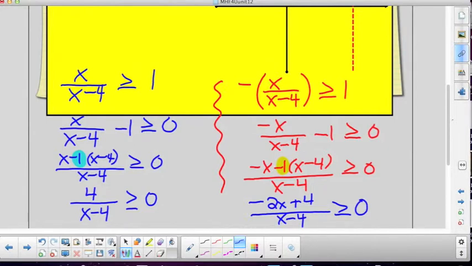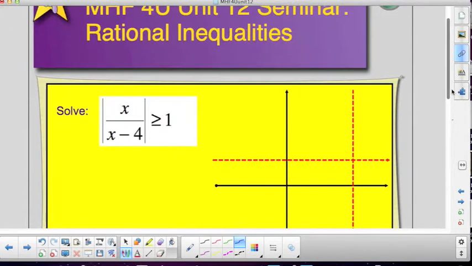And when it's time to sketch the graph, you're going to find that our x-intercept is going to be 0, 0. My y-intercept is also going to be 0, 0.